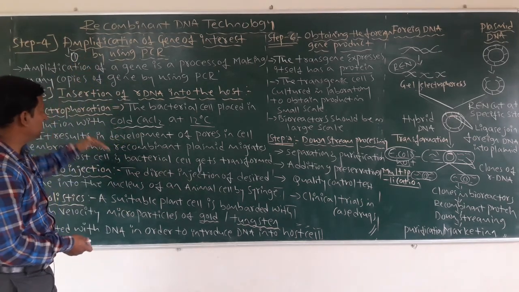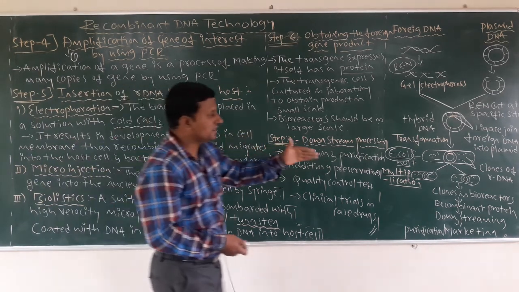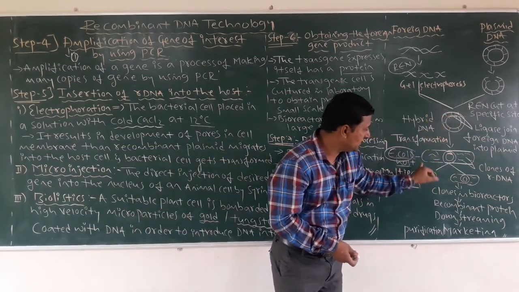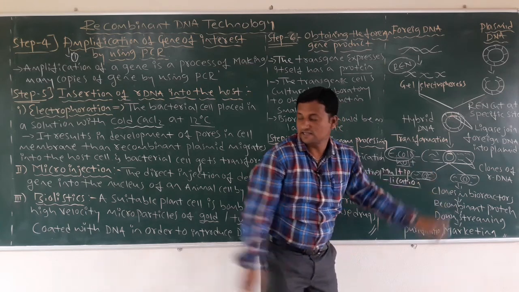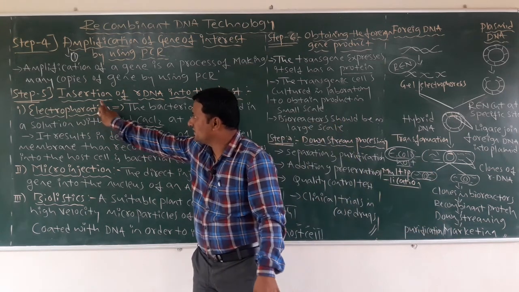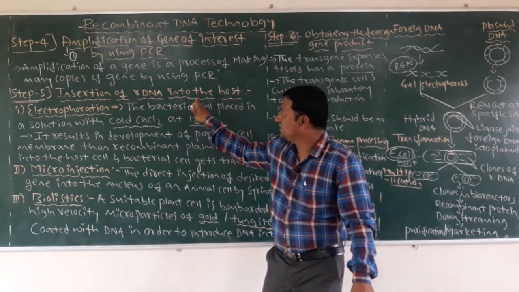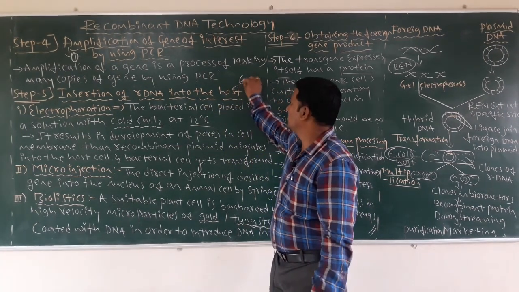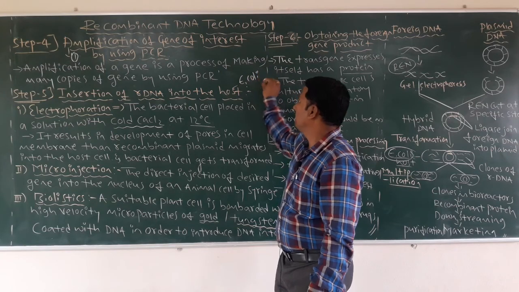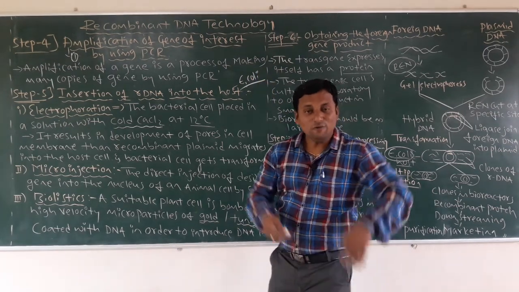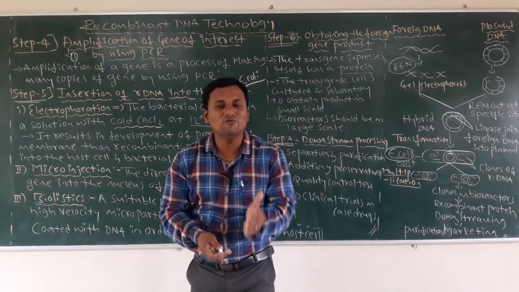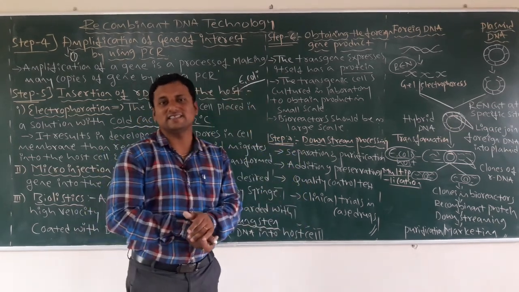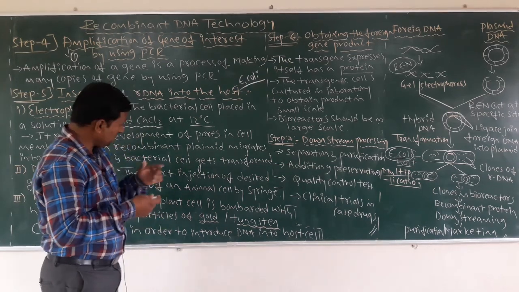Then, dear students, we want a transformation of this hybrid DNA into E. coli host cells. That step is called insertion of rDNA into the host. What is that host? That host is E. coli bacteria. How will it be inserted? In what way can we insert it? There are 3 methods for insertion.